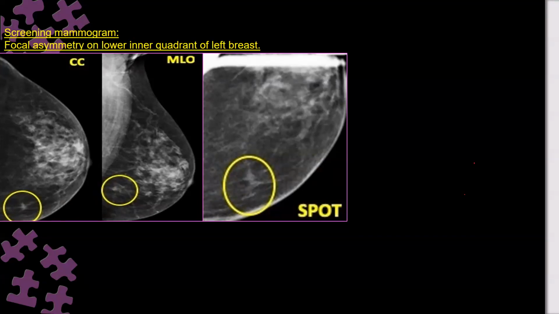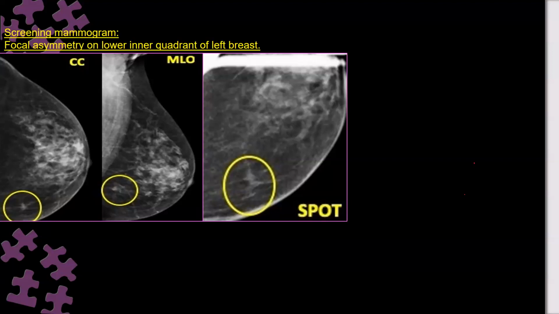It does not fade away. The pseudo lesion or superimposition of parenchyma will fade away. But when it persists, that means it's a true lesion and demonstrates the speculation. So we are dealing with a true suspicious lesion.